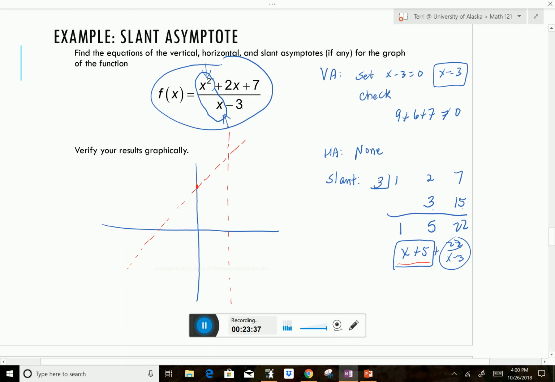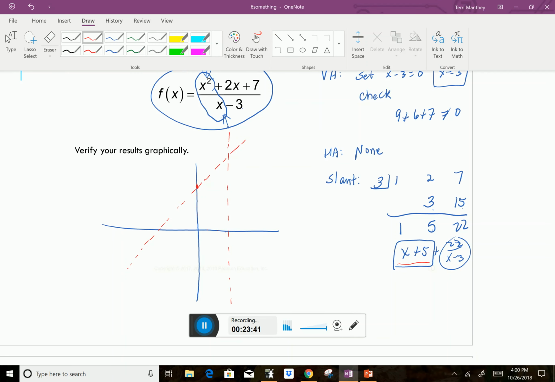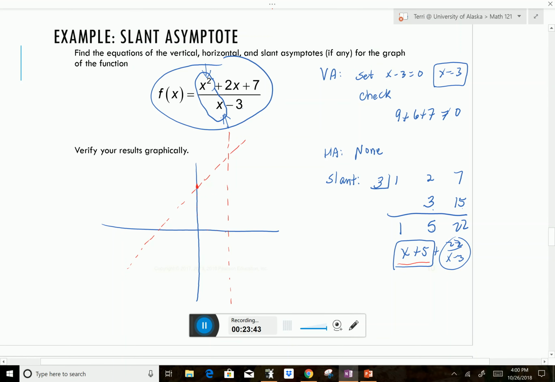I always like to check what happens at 0, just so I know where to put it. So at 0 I have 7 and negative 3, so that's like negative 2 1/3 or so. At x equals 0, I'm at y equals negative 2 1/3.